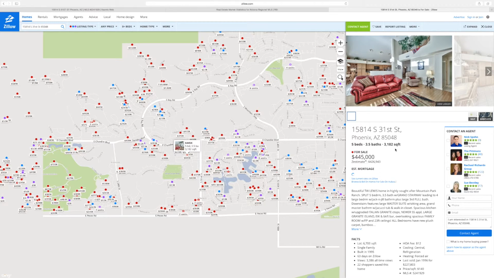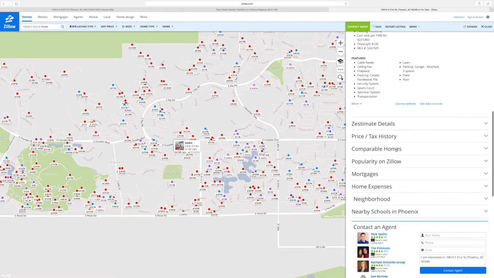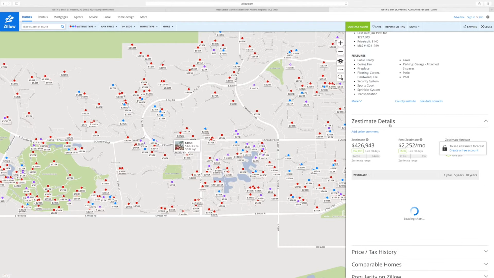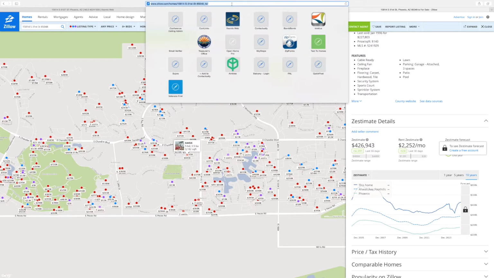Okay, so we got this. The Zillow estimate says 426, so it's only about $1,500 off what our comparables were for that. So let's go to Trulia.